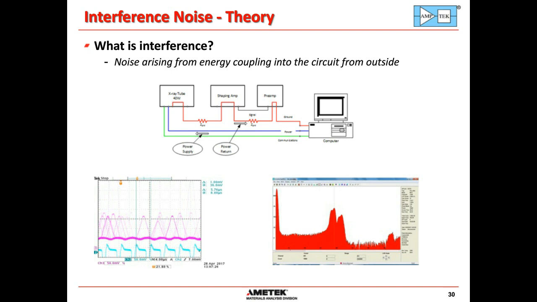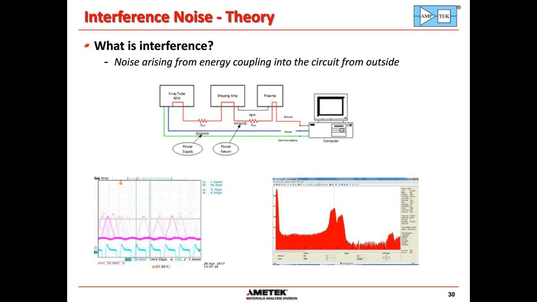This fluctuating baseline noise leads to fluctuating pulse heights, and that causes the spectrum you see on the right, which are supposed to be nominally Gaussian peaks, to be actually split, because the interfering noise ripple is bigger than the intrinsic noise, so it leads to false counts and to peak splitting.